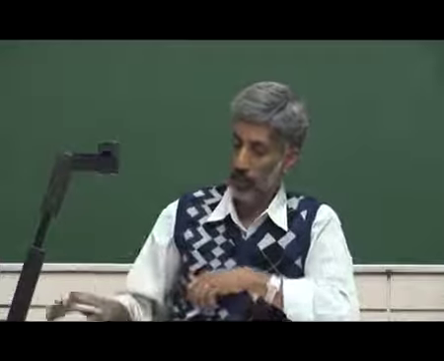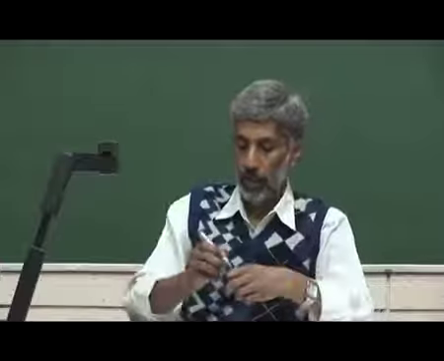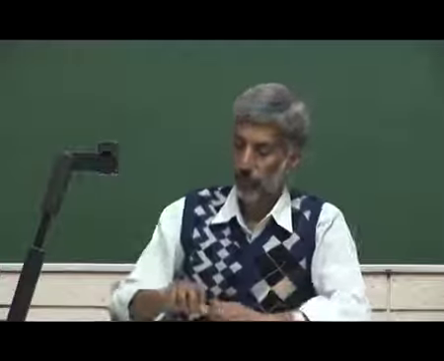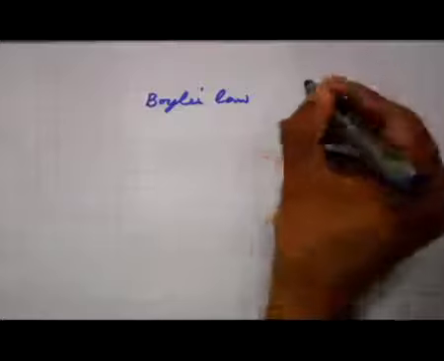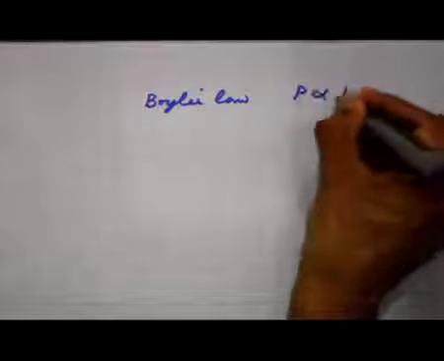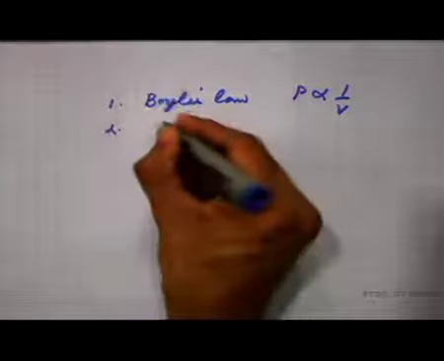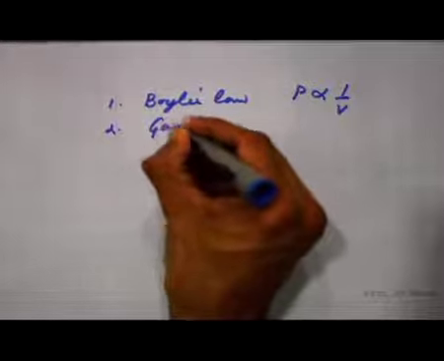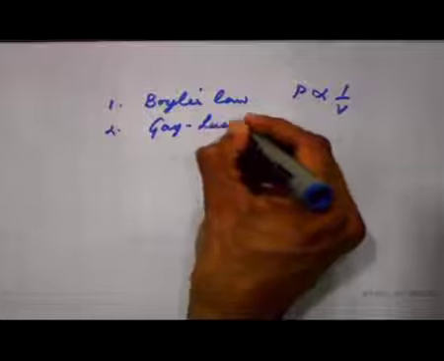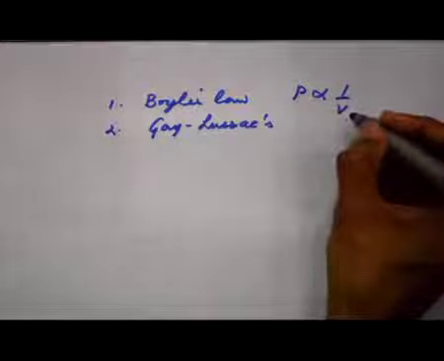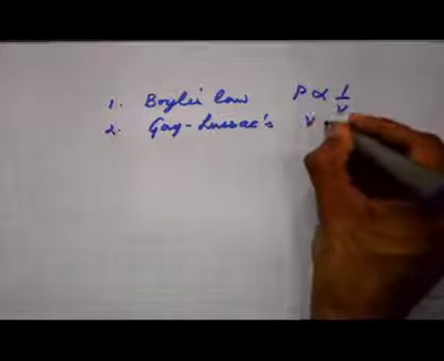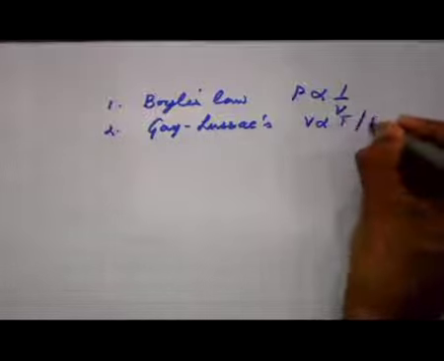So, the things that we have discussed in gases: we have looked at Boyle's law, which gives you that P is proportional to 1 over V. We have looked at Gay-Lussac's law, also sometimes called Charles' law, which gives you V is proportional to T, or P is proportional to T at constant volume.